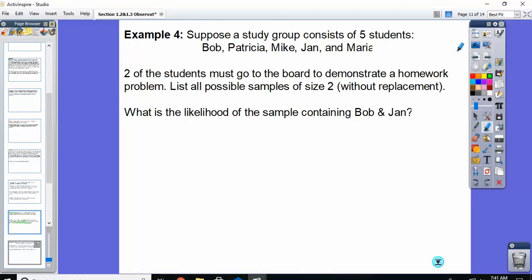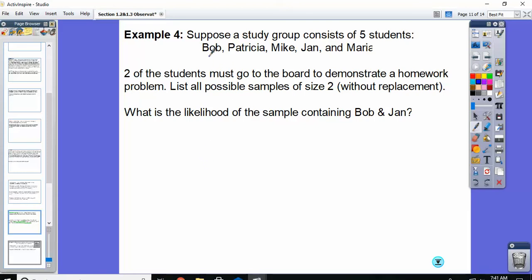So if I look at this example, we have a study group of 5 students. 2 of them must go to the board to demonstrate a homework problem. List all possible samples of size 2 without replacement.